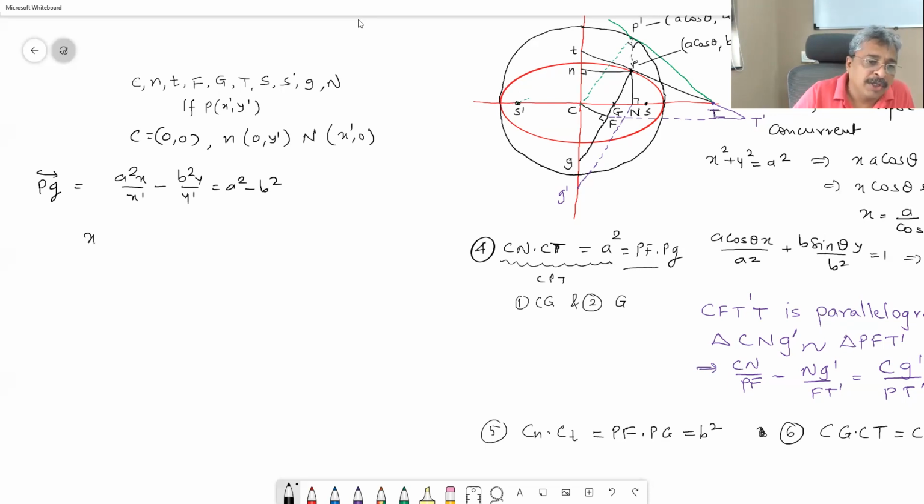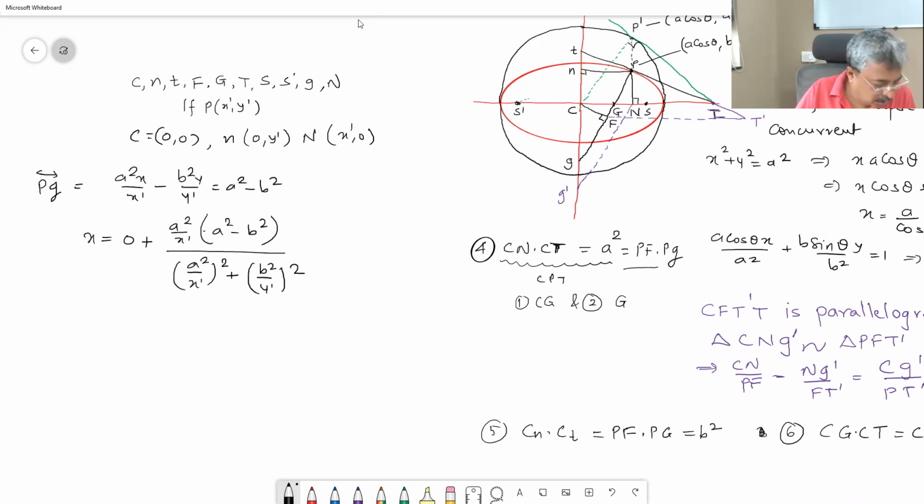Therefore, the x coordinate is equal to 0 minus a square by x dash times a square minus b square, with negative sign, or I will make it positive here, divided by a square upon x dash bracket square plus b square upon y dash bracket square. This is the x coordinate. Maybe you can simplify a bit.